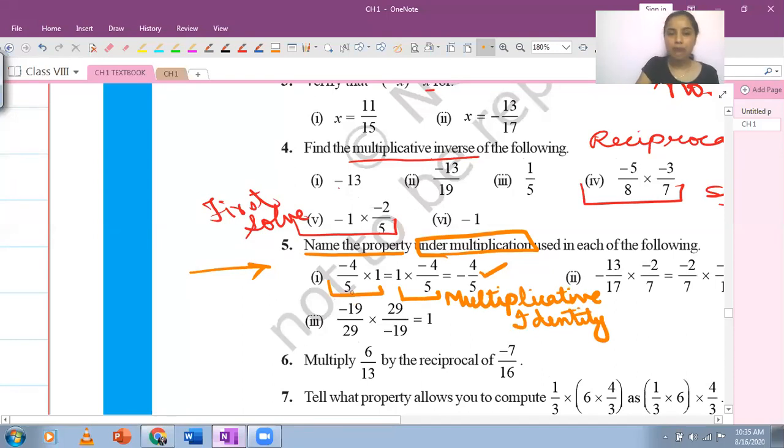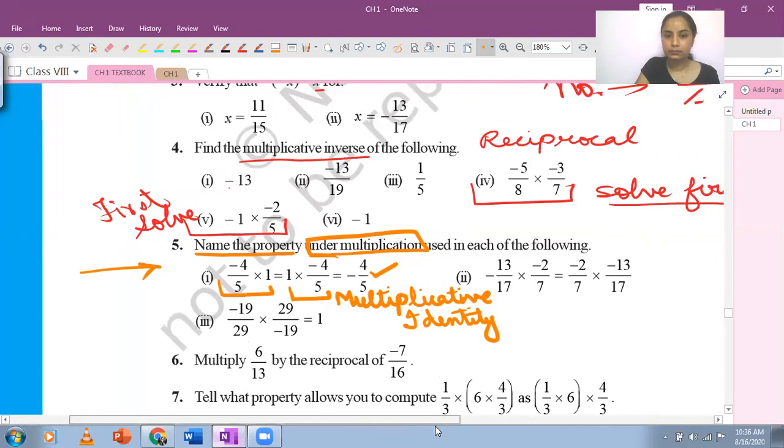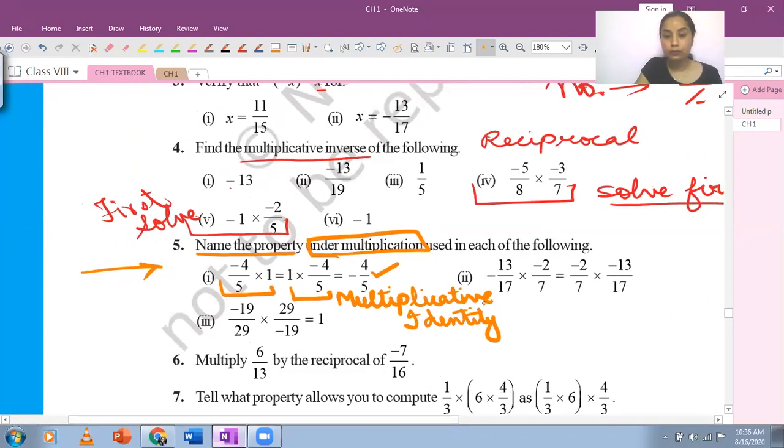When a rational number is multiplied by 1, what will the answer be? The number itself. That's called multiplicative identity. If you want, you can write down for yourself that whenever a rational number is multiplied with 1, the answer is the number itself, and this is called the use of multiplicative identity.